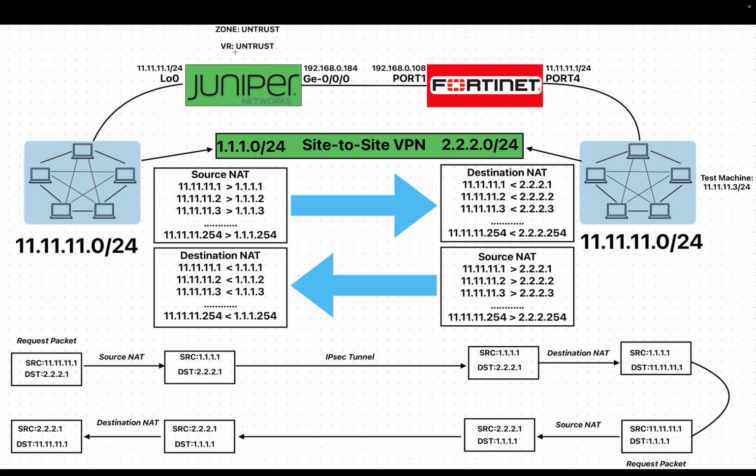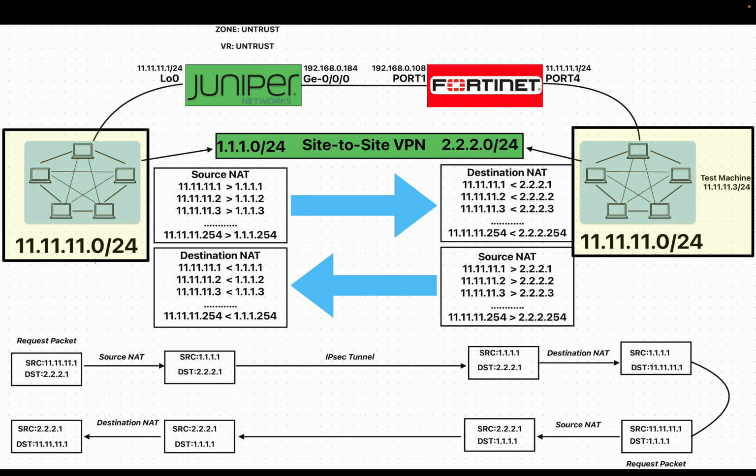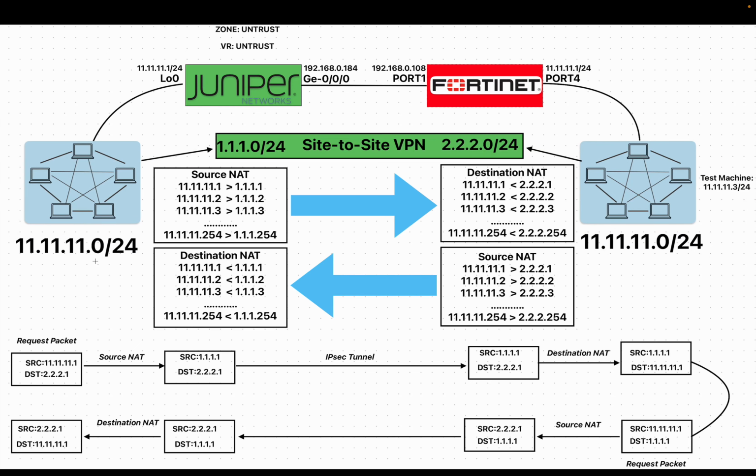So you can see on my screen we have the overlapping subnet 11.11.11.0/24 behind the Juniper device, as well as behind the FortiGate firewall. Our intention is to make sure these two subnets communicate over the IPsec site-to-site tunnel, and the NATing is done on each device on the basis of the external IP pool.